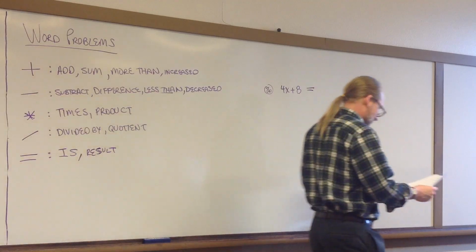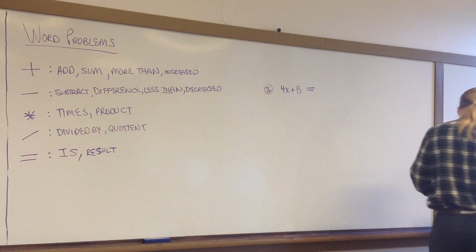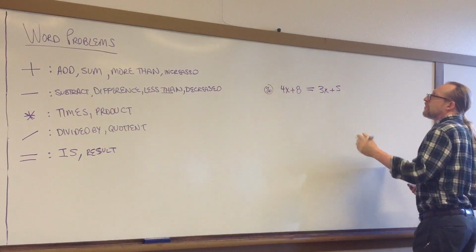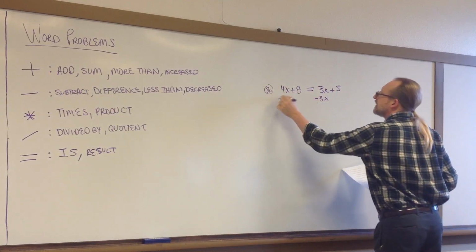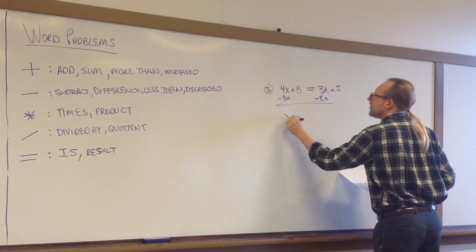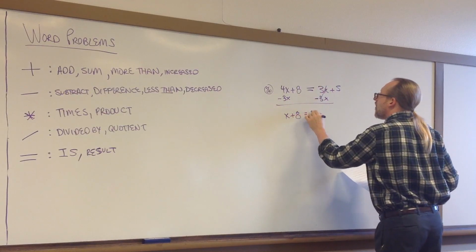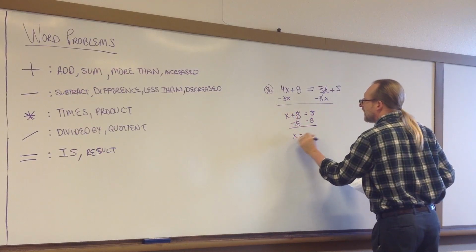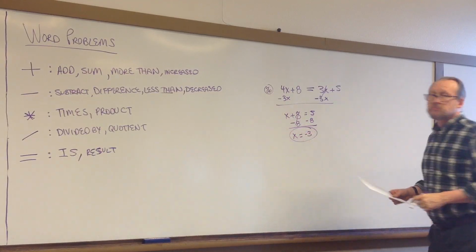The result is 3 times the number added to 5. Okay, pretty straightforward. Subtract 3x on both sides. And then subtract 8 on both sides. And so x is negative 3.